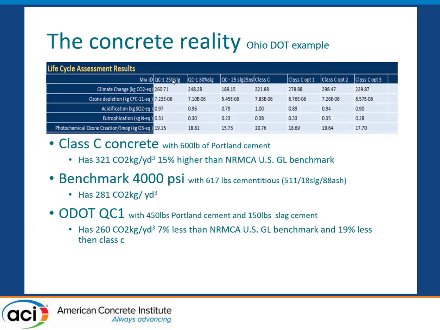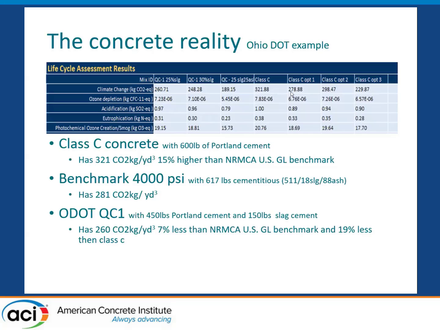QC1 I'm showing here is a 600-pound cement mix with 25% slag replacement. Then the QC1-2 has 30% replacement, and then one with 25% slag and 25% ash, going to a 50% replacement. We compared these against the original Class C, which was 100% straight Portland cement.